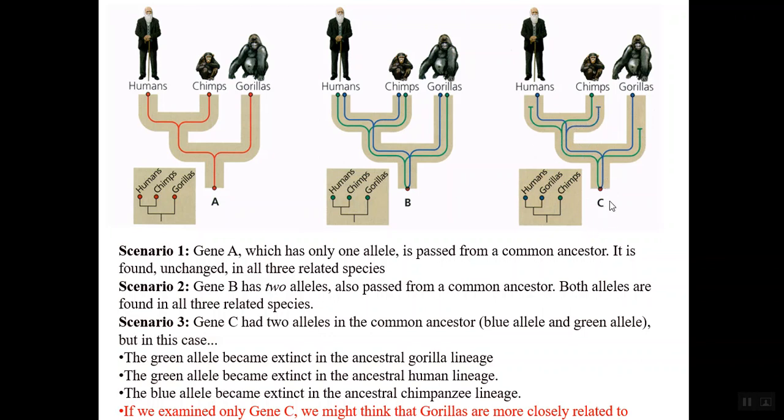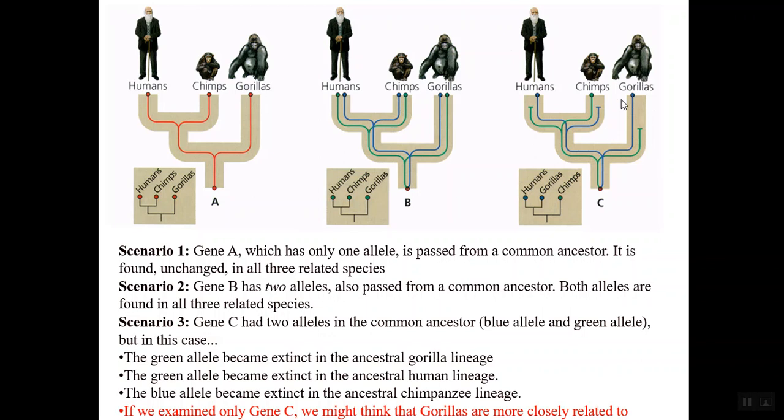So by looking at gene C and the two alleles, it seems like humans and gorillas have much more homology than humans and chimps. So from gene C, you could draw the conclusion that actually humans and gorillas are more closely related. So actually this phylogenetic tree should have the gorillas over here.